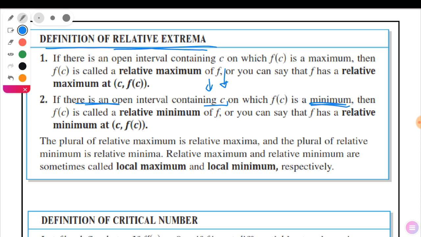When we discuss the greatest value and the smallest value of the function on an open interval, we name it relative maximum or relative minimum. You may ask what the meaning of relative is.